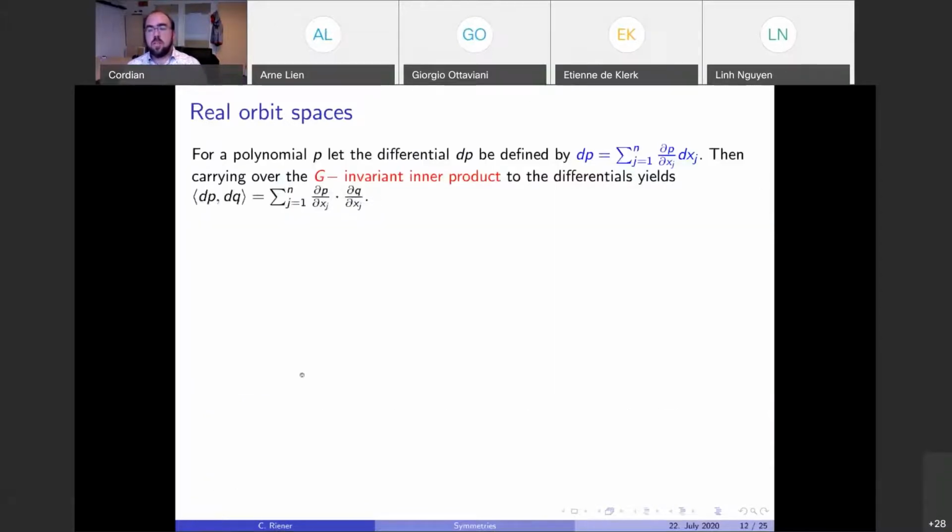How does this now generalize? This is a little bit quick now, but there's a very nice generalization, and this works as follows.